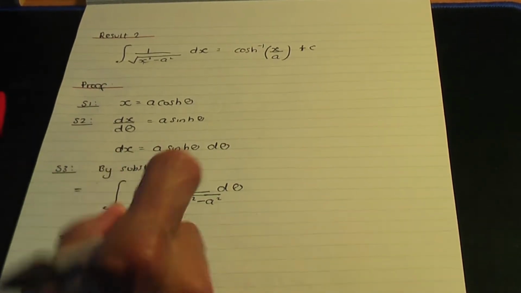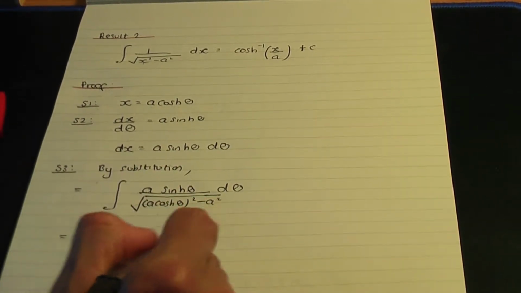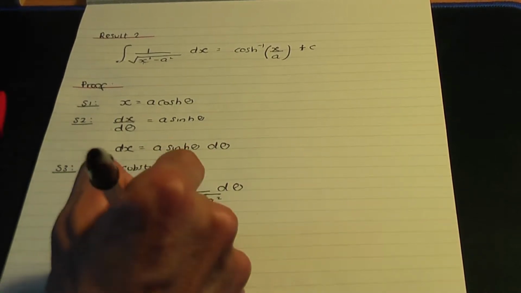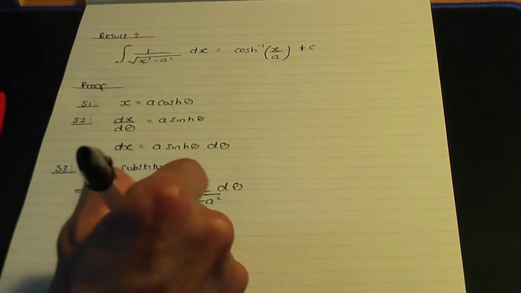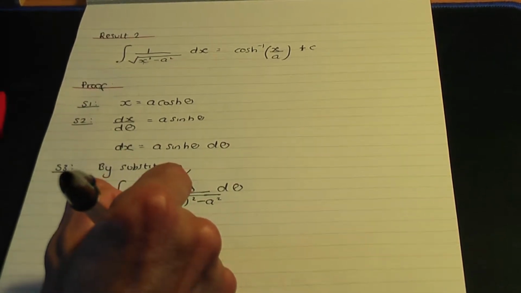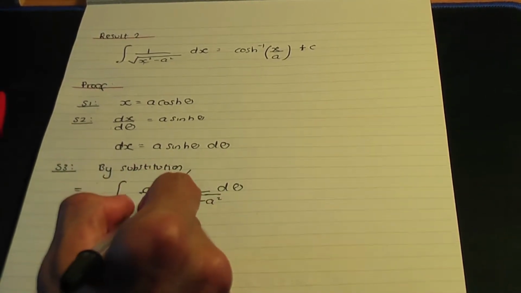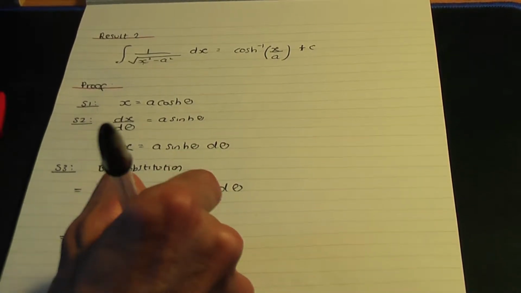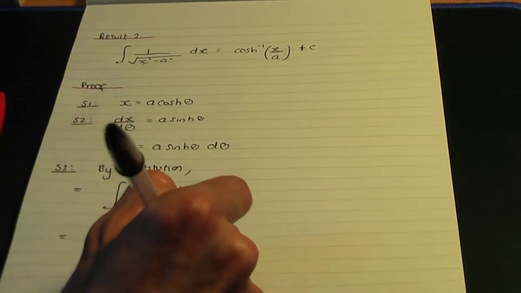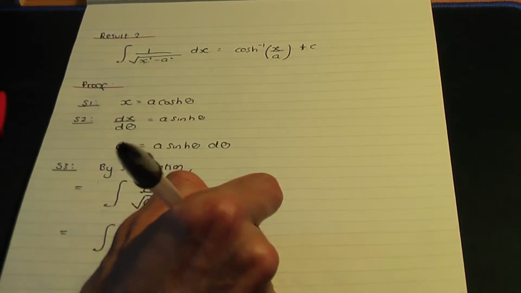And if we expand the term within the root, we're going to have a hyperbolic sine theta on top over the square root. A hyperbolic cos theta squared is a squared hyperbolic cos squared theta minus a squared.